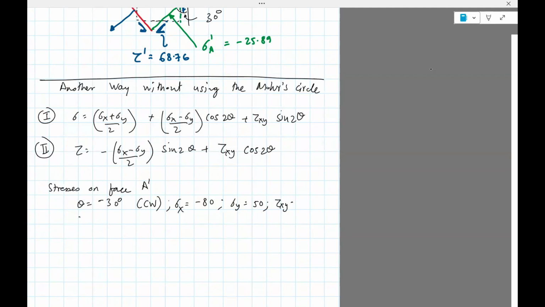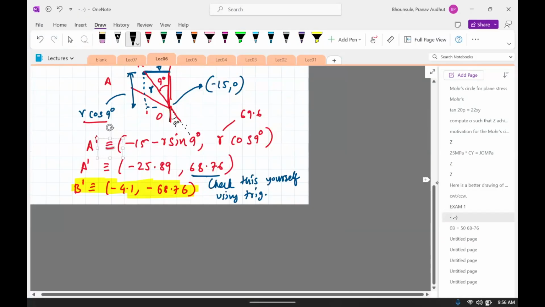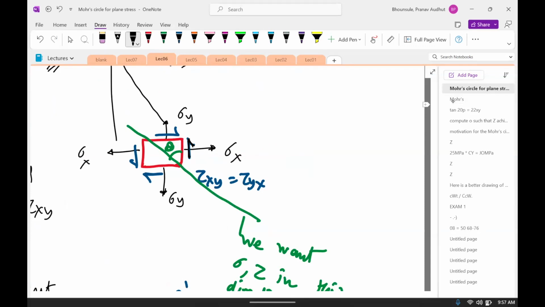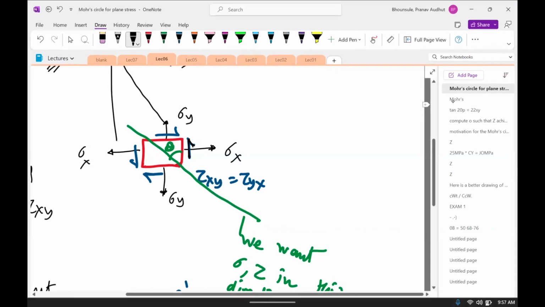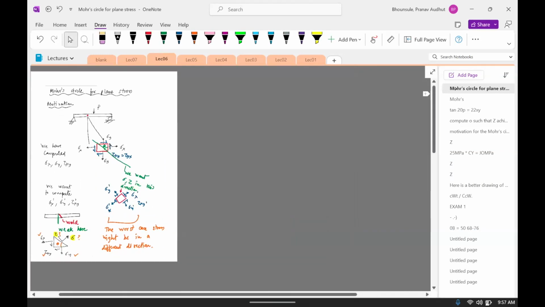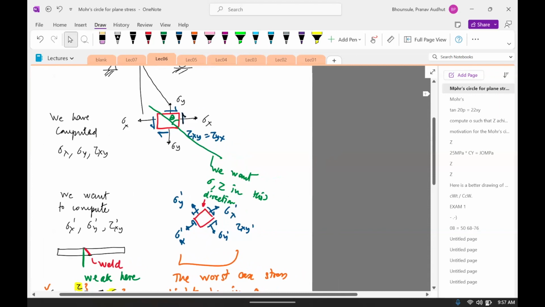And then tau xy, the way it is shown, if you go back to the problem, you can see this is 25 MPa, but the way it is shown on face A is that it is clockwise, and clockwise is, oh my bad, sorry, you should actually go by this figure, because this figure was used, okay, this is hung. Okay, here it is. So this was the original figure I drew some time back to derive the equations.